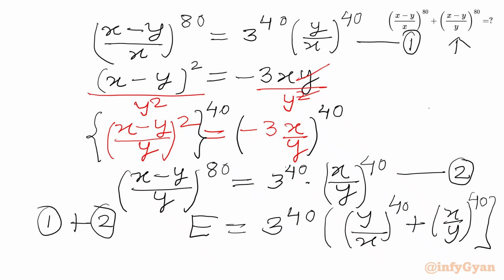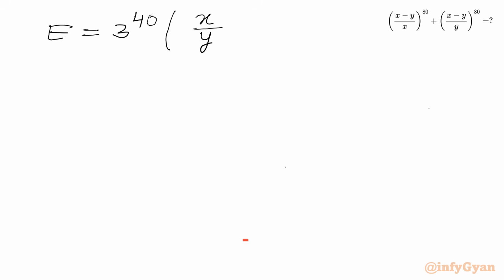This is our required expression E. Let me write here E equal to 3 power 40 times ((x over y) whole power 40 plus (y over x) whole power 40).